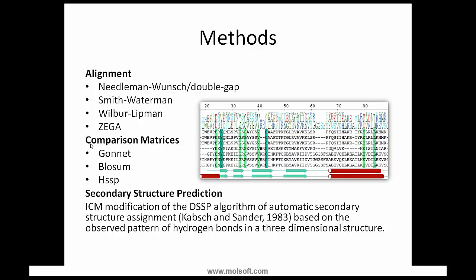Built into ICM there are a variety of comparison matrices which you can select, Blosum, Gonnet, and different varieties of Blosum. There's also a secondary structure prediction method, which is basically the DSSP method, a slight modification of the Kabsch-Sander DSSP secondary structure prediction method, which is based on the observed pattern of hydrogen bonds in a three-dimensional structure.